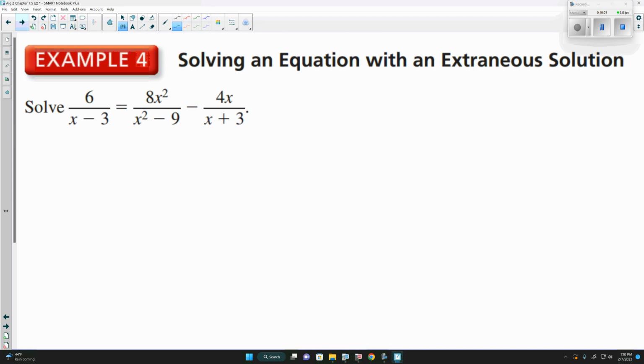This one here is going to have extraneous solutions. There's kind of a few reasons I know this as I put these note sheets together. And there's one other piece of information that kind of screams that it's going to have an extraneous solution. Do you all see it?